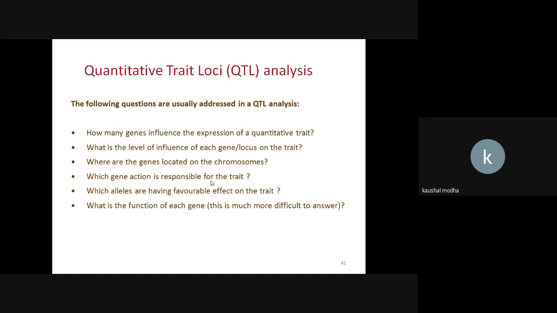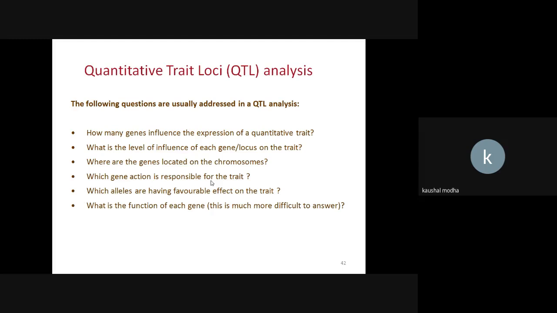If the marker which is already placed on the 5th chromosome is associated with a particular quantitative locus or loci, we already know the placement of that marker on the 5th chromosome. Let us say on the shorter arm, we'll be able to know that the linked QTL is located on the shorter arm of the 5th chromosome. So we also get to know the location of the markers or QTLs on the chromosome.